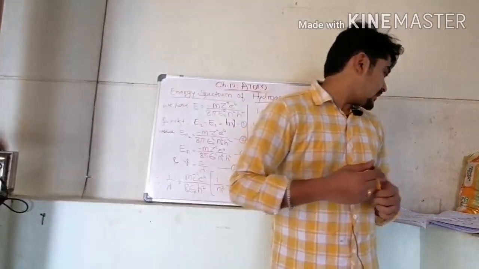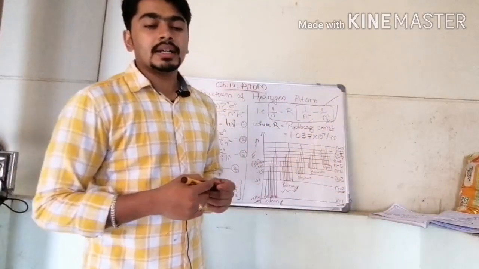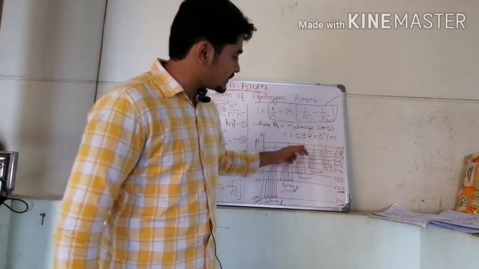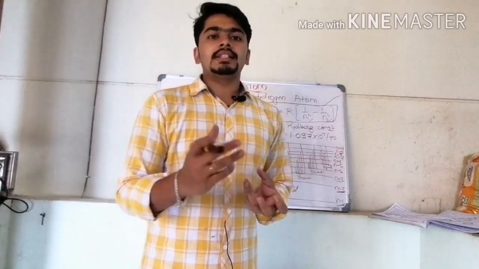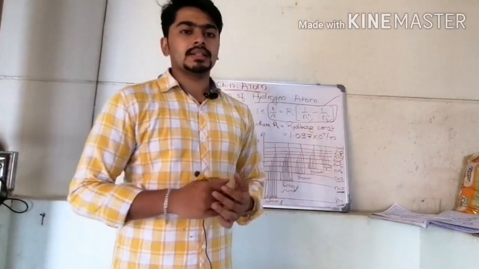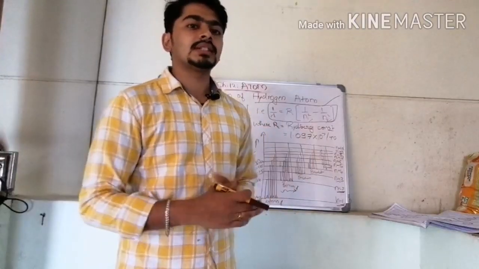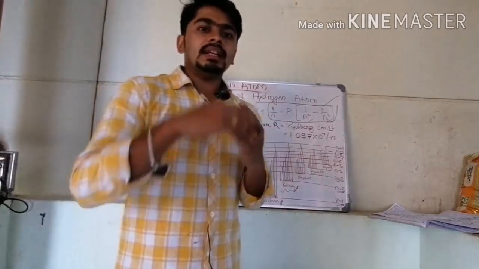And also, the main thing, it cannot give the information of the intensities of these lines. He cannot explain the intensities, just gives the energy values of those spectral lines. But what about the intensity? What are the remaining properties of those lines? He cannot explain.